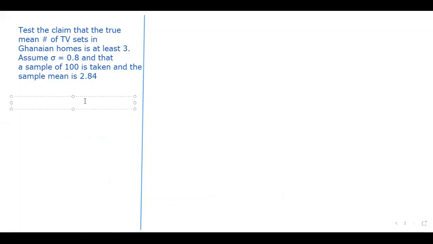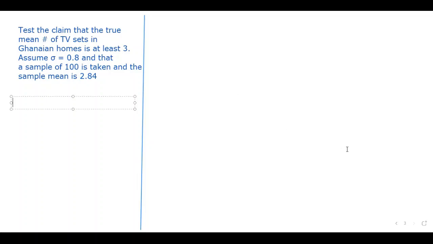They claim that the true mean number of TV sets in a home is at least 3. Assume sigma is 0.8, and that a sample of 100 is taken, and the sample mean is 2.84. At least 3, we learned this in linear programming, means greater than or equal to. At most is less than or equal to.